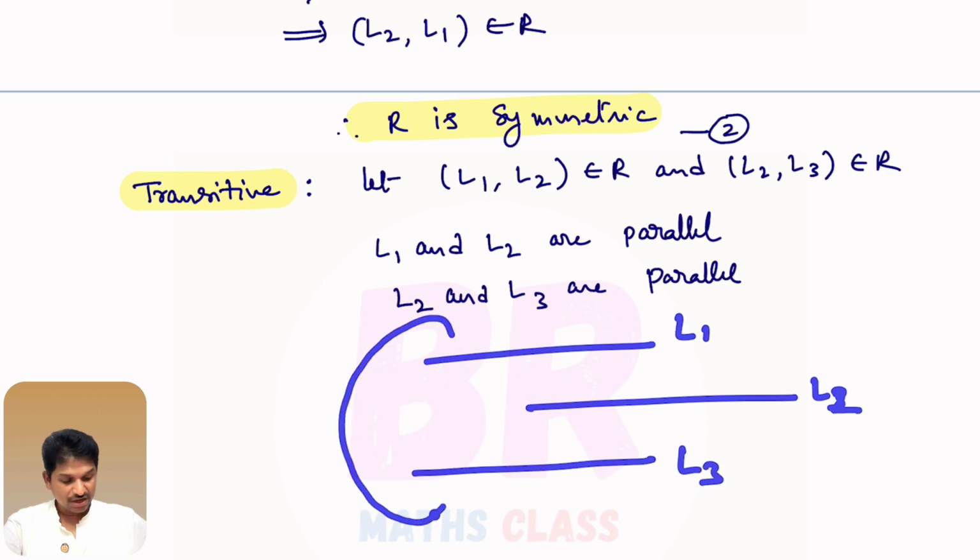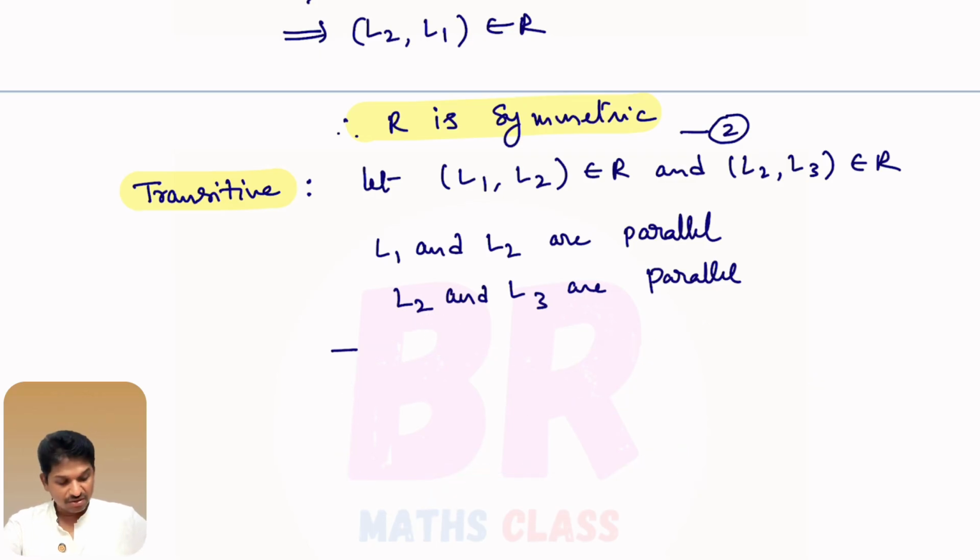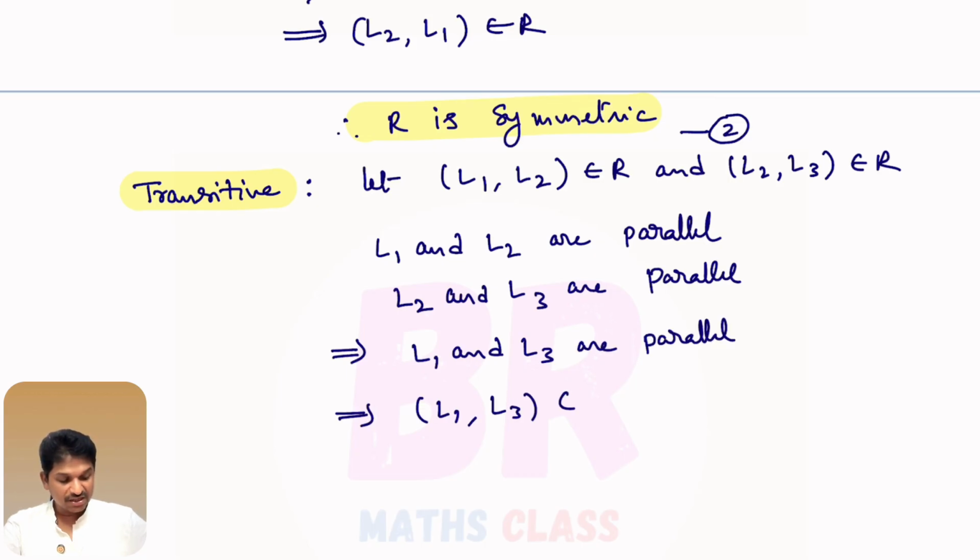What do you say about L1 and L3? Are they parallel? It is easy. If L1, L2, L3 are parallel, then obviously L1 and L3 are parallel. So the ordered pair (L1, L3) belongs to the relation. Therefore, the relation R is transitive. We take it as equation 3.